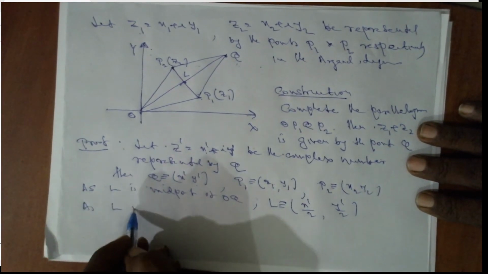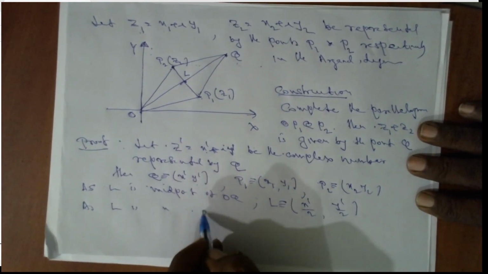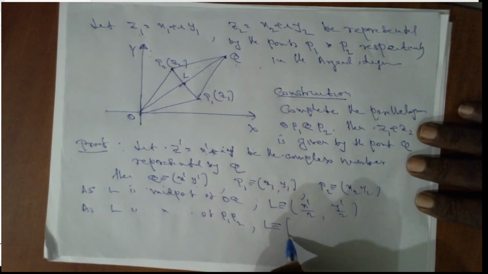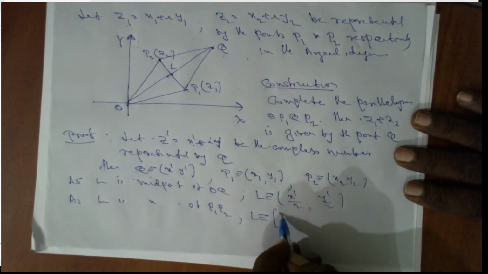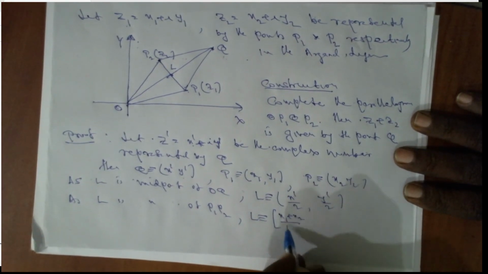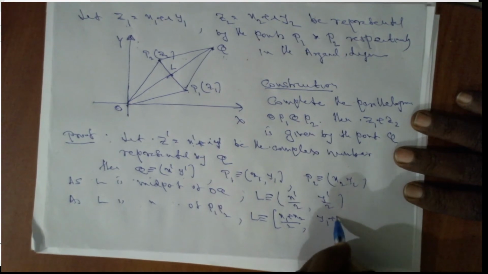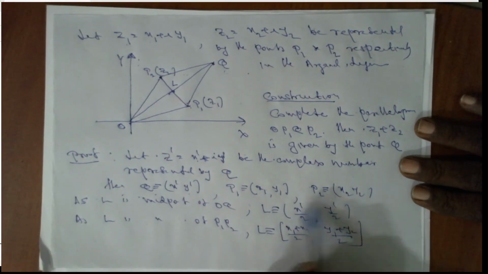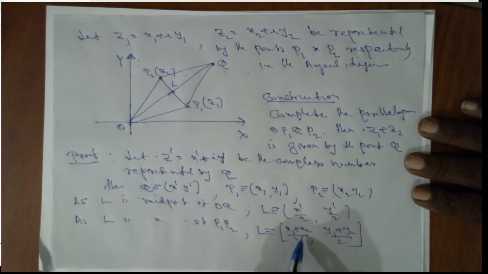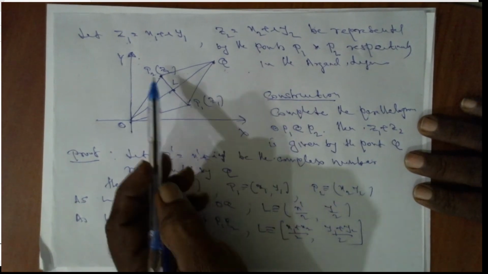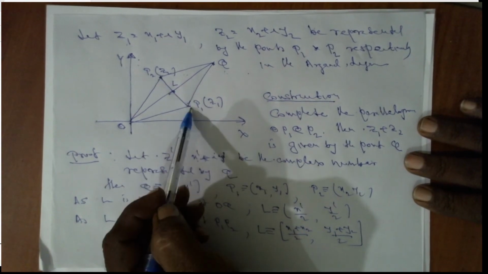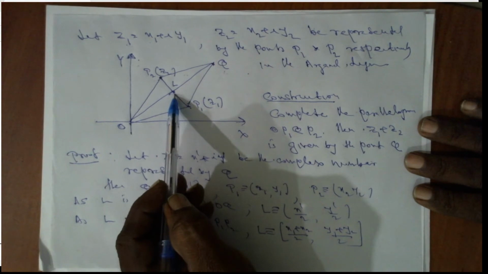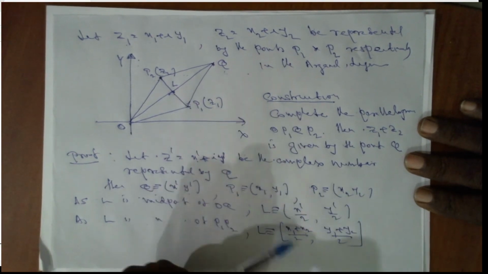As L is also the midpoint of P1P2, what are the coordinates of L? ((x1 + x2)/2, (y1 + y2)/2). So this is by coordinate geometry: L is the midpoint of P1P2. If you add the two coordinates and divide by 2, you get the coordinates of the midpoint L.